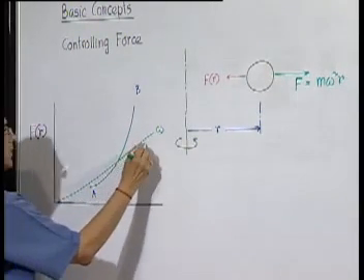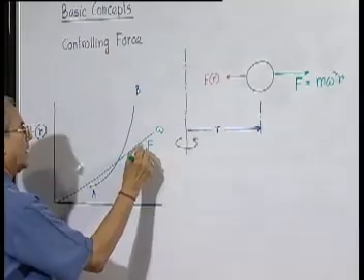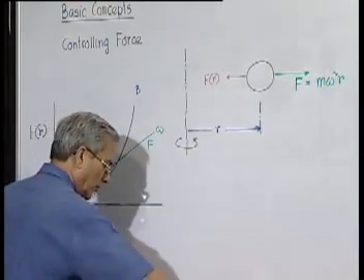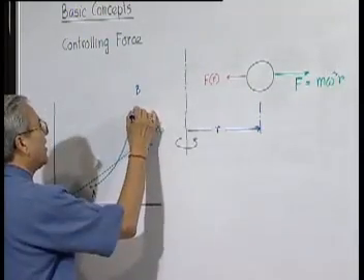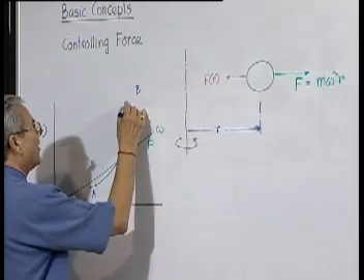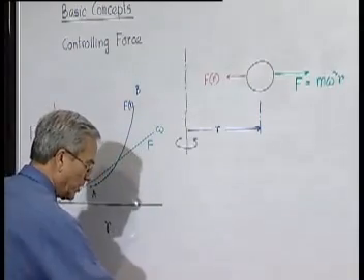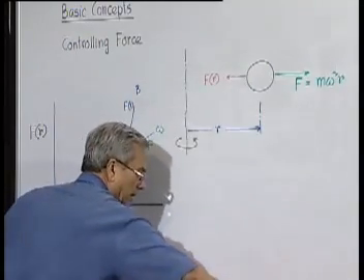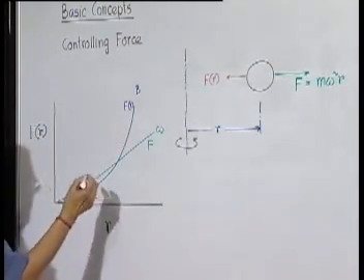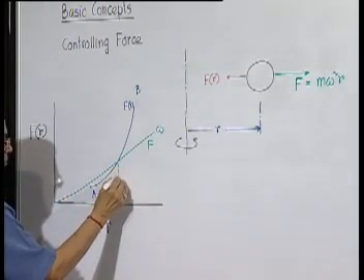This is F and this is Fr, the control force. Now, the equilibrium position is indicated by the radius where both of them are equal.